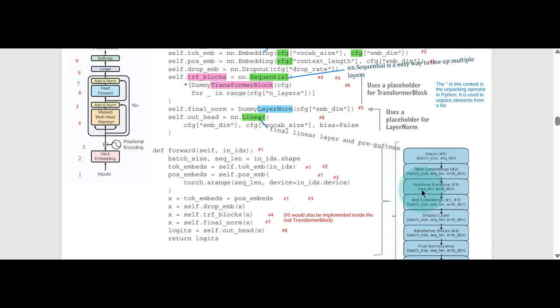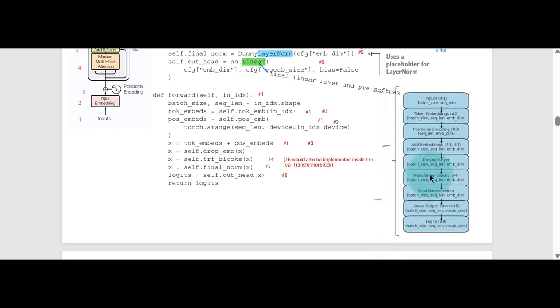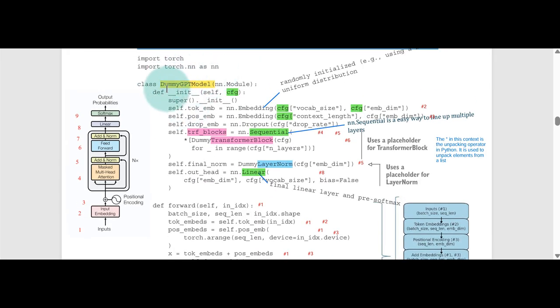And we said over here that we need to do the transformer blocks, and then we have to do the final normalization. You can see it's happening over here: final normalization, TRF blocks, dropout, and adding the positional embeddings. So this is correct. This is representing what's going on in the forward method. This is the forward method for the whole GPT model.